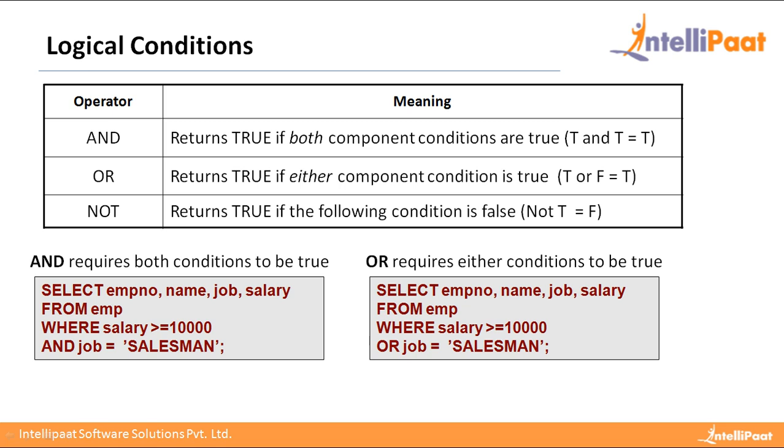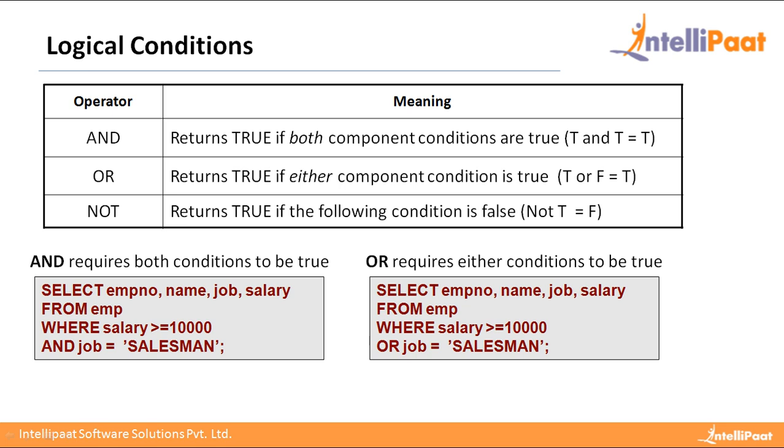See here, I want to display the employee name, job and salary of all the employees whose salary is more than 10,000 and job is salesman. How do I get it? It is mandatory for me that both the conditions must be satisfied. The employee should be a salesman, and not only that, his salary must be 10,000 and above. Then only I would like to display those rows.